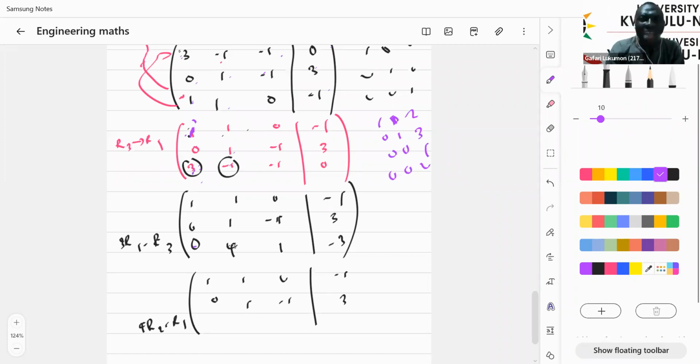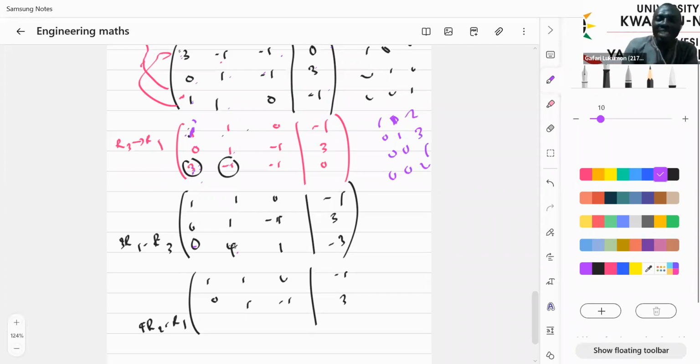And what you do for an element, you must do it for all the elements. That's why I also said 3 times 1 here again will give me 3. 3 minus 1, that is 3 plus 1. That will give 4. You do it for all of them. Now we've accomplished our aim to make this to be 0.